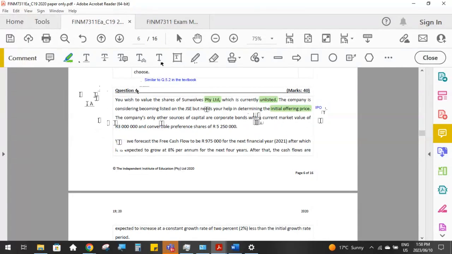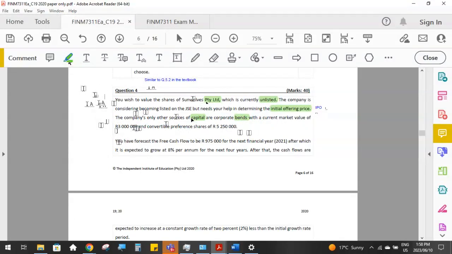So the company's only other sources of capital, so remember, capital are the sources of funding that the business uses to grow and expand and run the business, are corporate bonds. So bonds, remember, are a type of loan instrument with a current market value of 3 million rand in total, and then also convertible preference shares of 5.25 million.